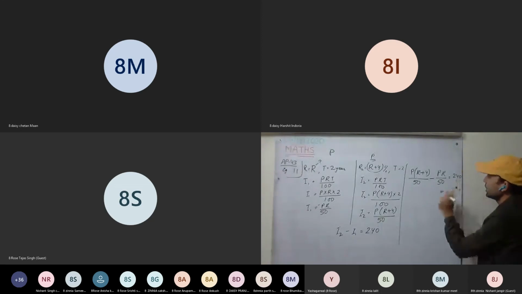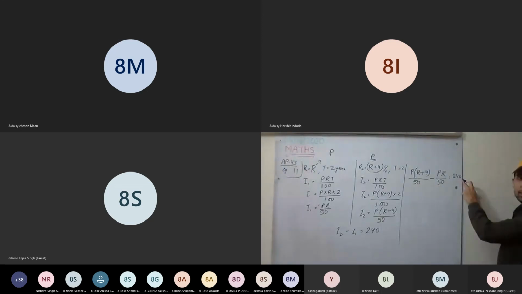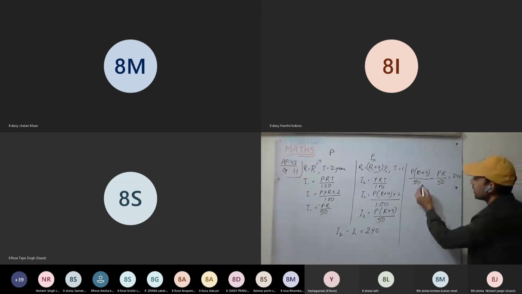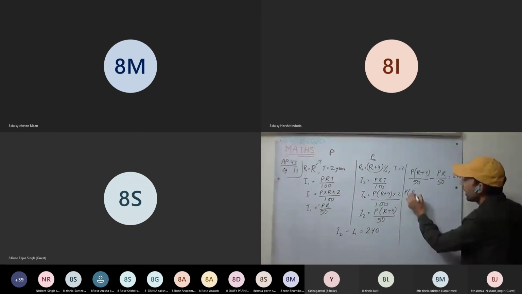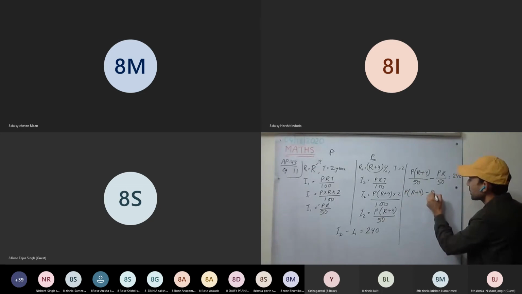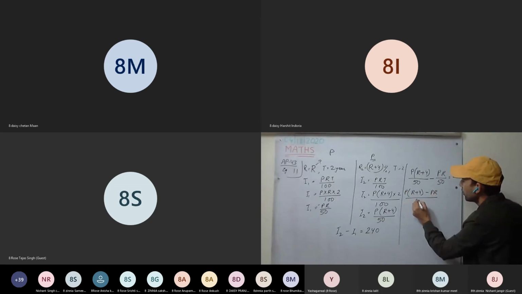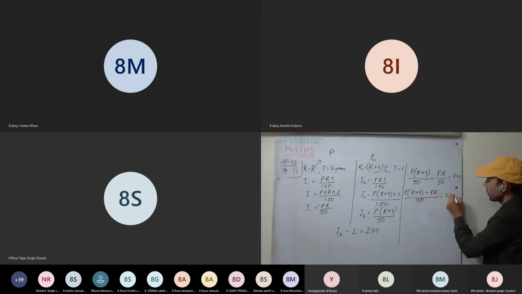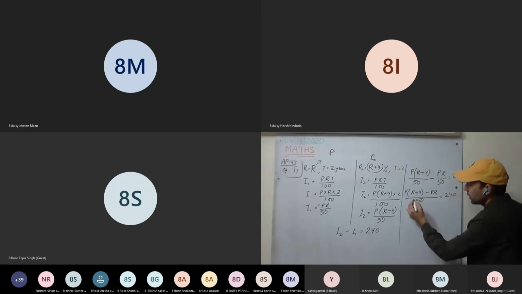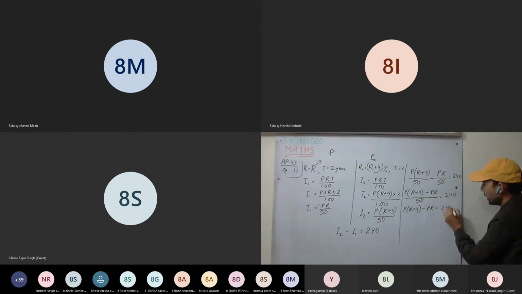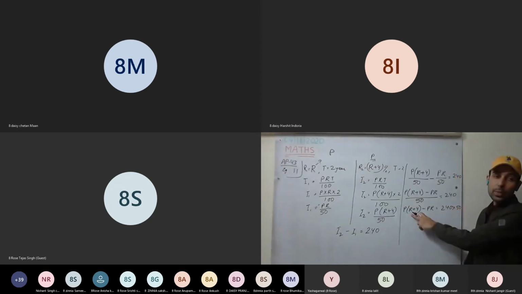Okay. Now you can take the LCM or you can take 50 this side. So P into R plus 4 minus PR equal to 240 into 50. Now you can open the bracket.